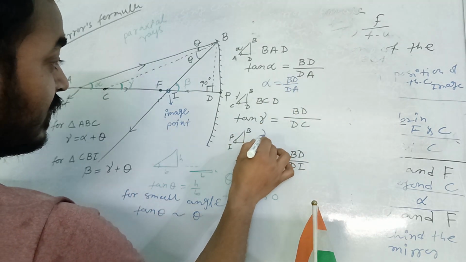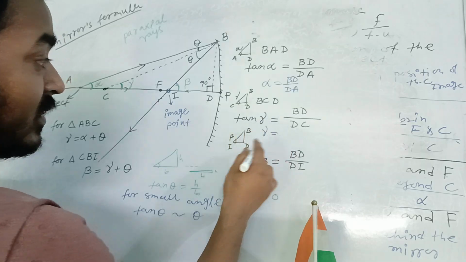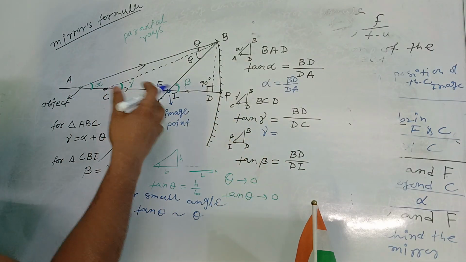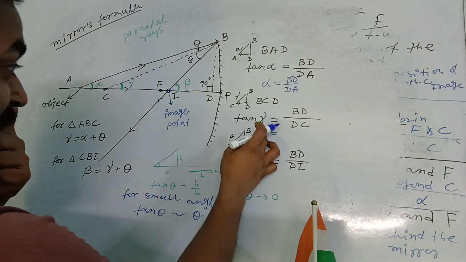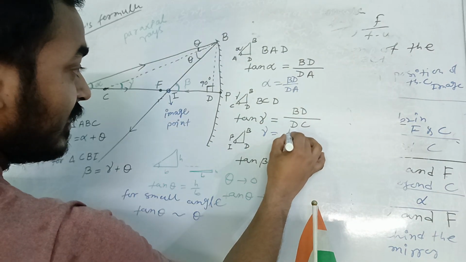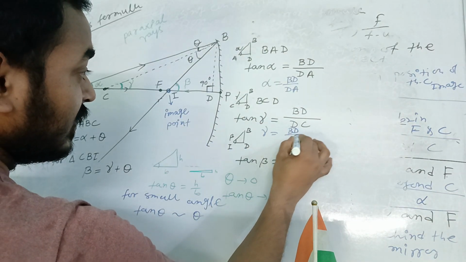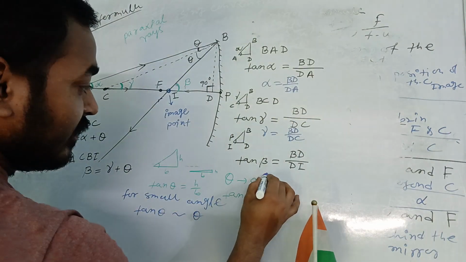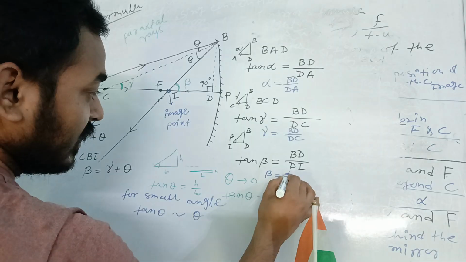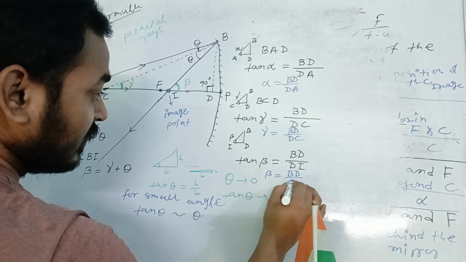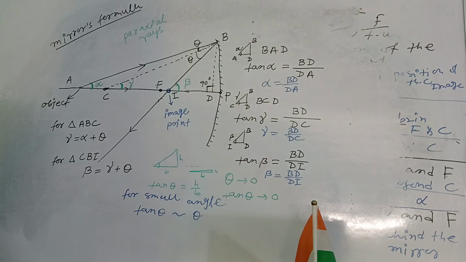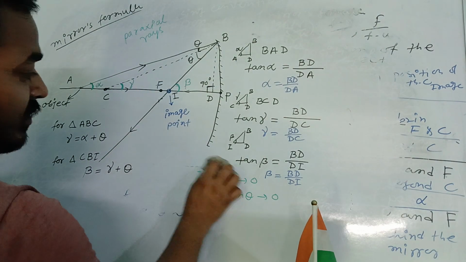Similarly, gamma is also small, because alpha, beta, gamma are small angles, so tan gamma can be written as gamma, which is BD divided by DC. Similarly, tan beta can be written as beta, which is BD divided by DI. Note it down.